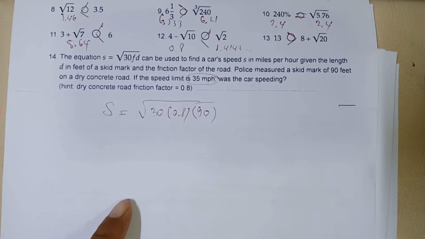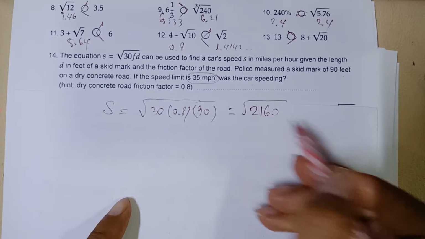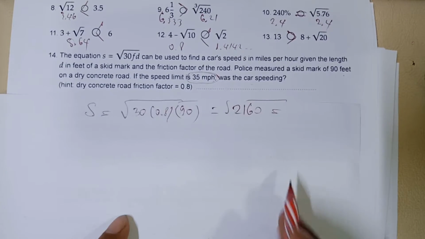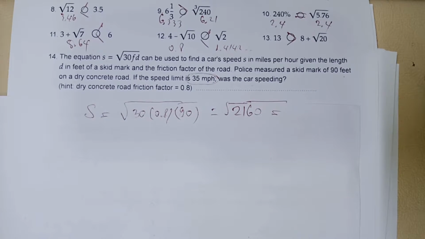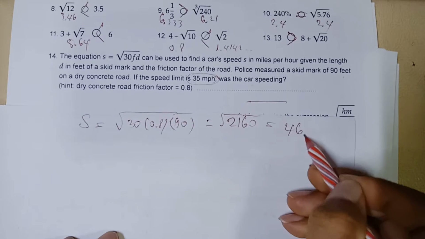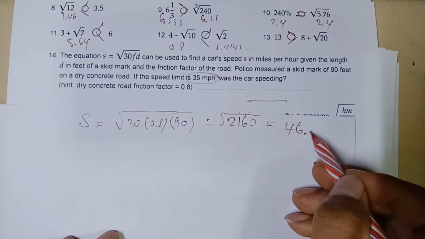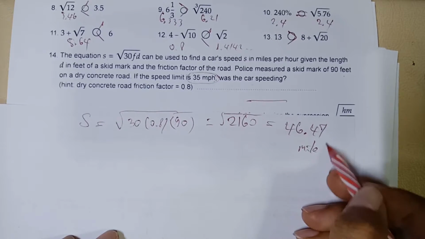So you have 30 multiplied by 0.8 and multiplied by 90, that will give you square root of 2160. To get the final answer, apply the square root of that number, and that will give you 46.47 miles per hour.